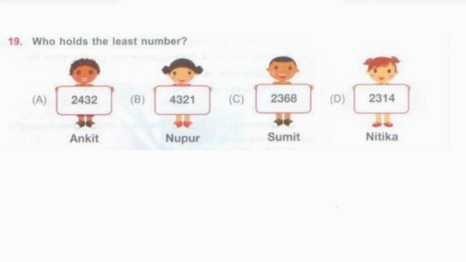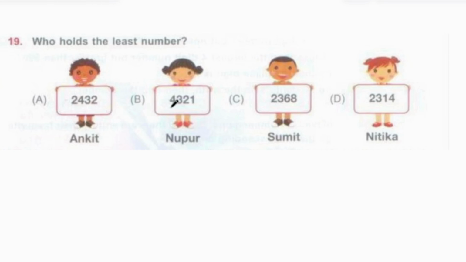Let us look at question number 19. In question number 19, what they ask is, who holds the least number? So there are four options: Ankit, Nupur, Sumit and Nitika, right? So since we are students with Sugar Math, what we will do? We will look for the largest number and eliminate it.